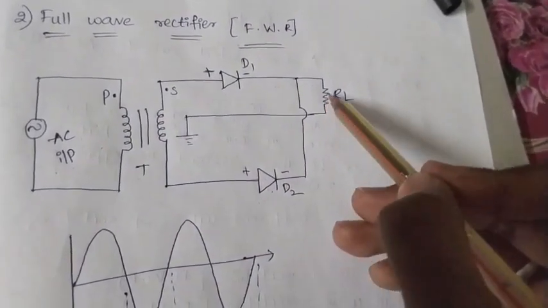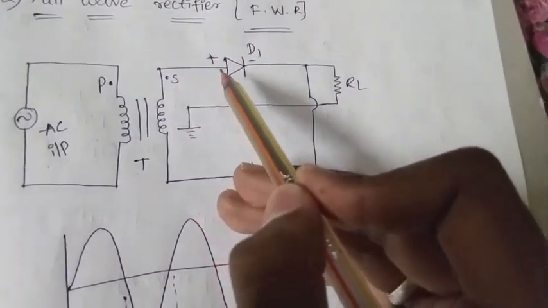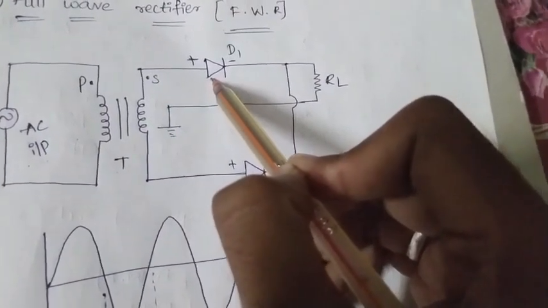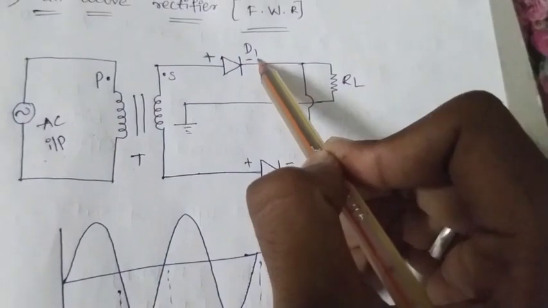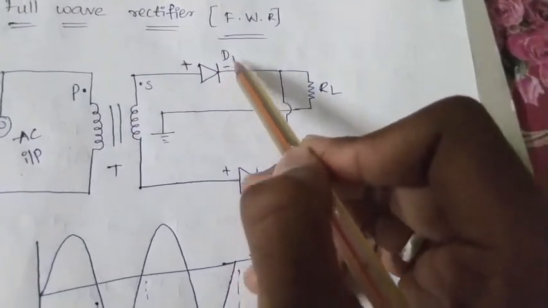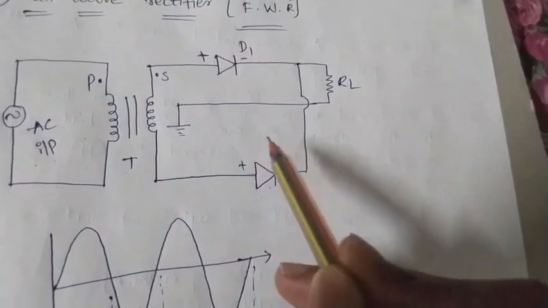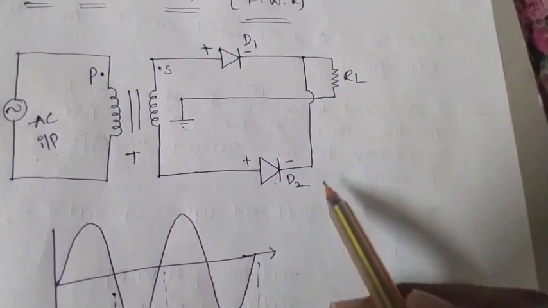During the positive half cycle, when the AC signal is given to the diode D1, D1 is in forward bias, which means it acts as a closed switch, and D2 is in reverse bias, which means it acts as an open circuit.